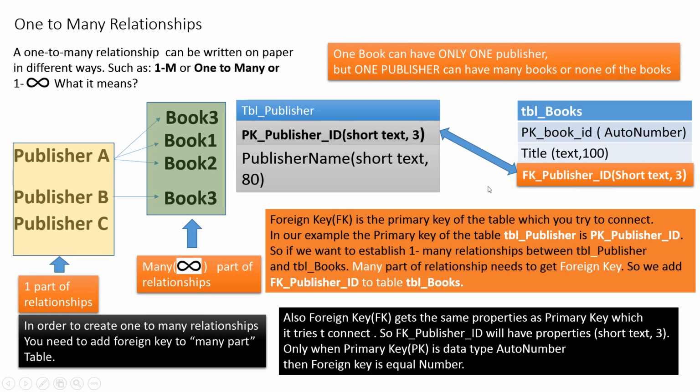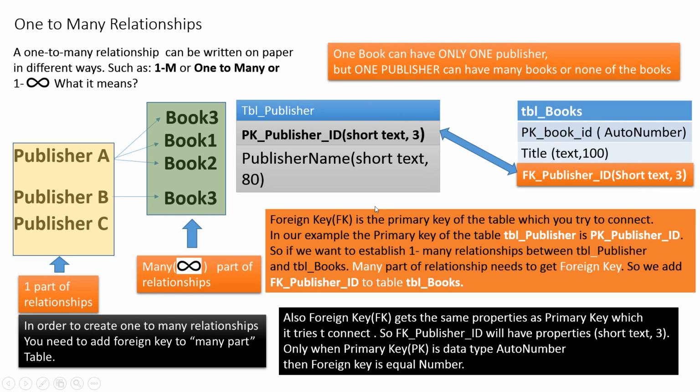And just remember, only when primary key is auto number, as it shows here, then foreign key is equal to number. Auto number can be only primary key. If primary key is auto number, here you will have a number. In all other cases, foreign key and primary key must be equal.